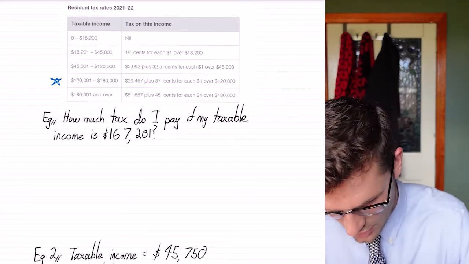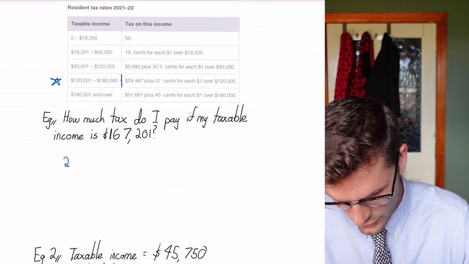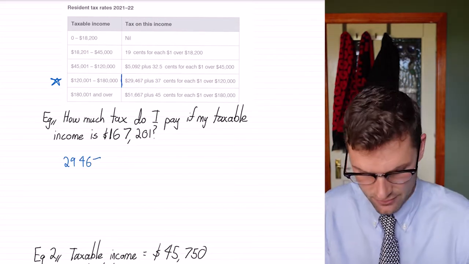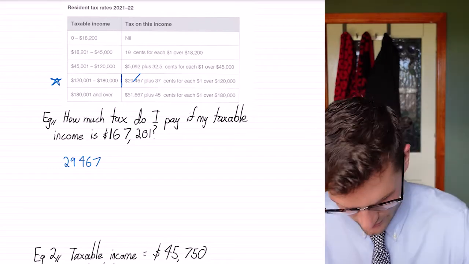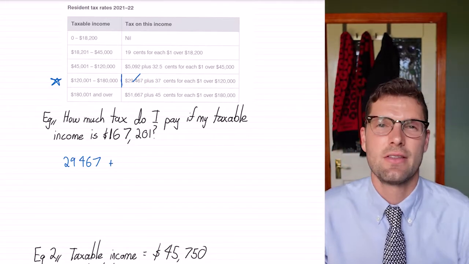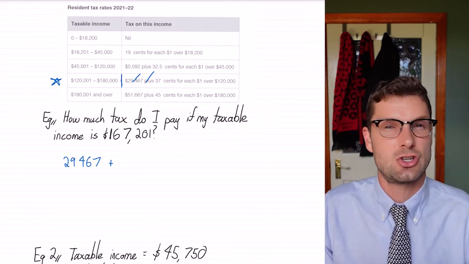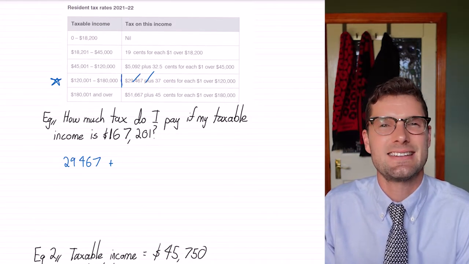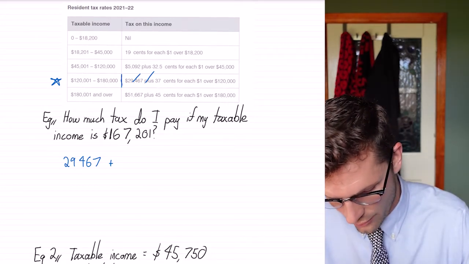The first number I see is 29467, so I write that down. The next thing I see is plus, so I'm going to write plus. The next bit is 37 cents. Because we're talking about dollars, we've got to make sure we write our cents as a decimal. So 37 cents is 0.37.